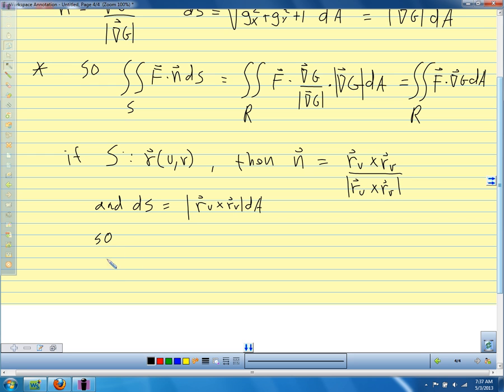So in this case, our flux integral over S of f dot n ds is going to be the double integral over our region of f dot r sub u cross r sub v dA, and R here is a region in the uv plane.